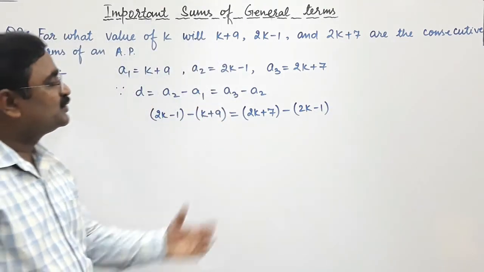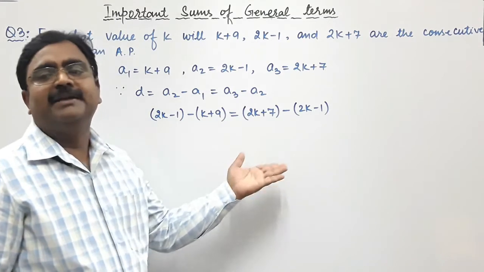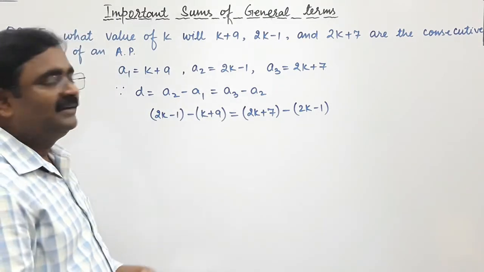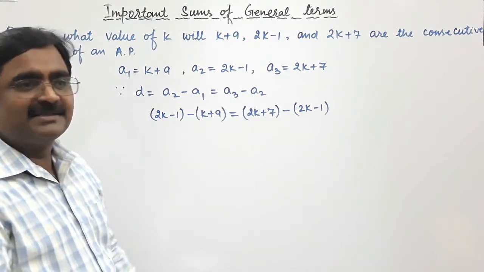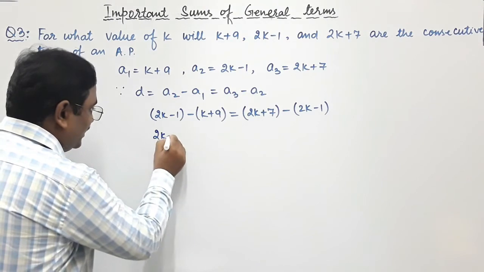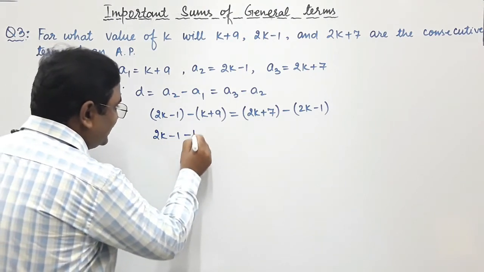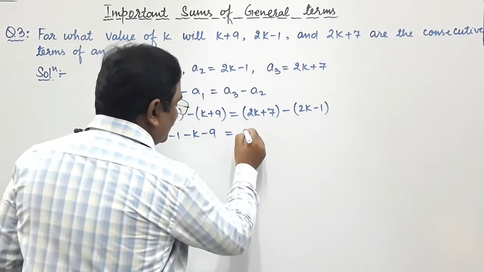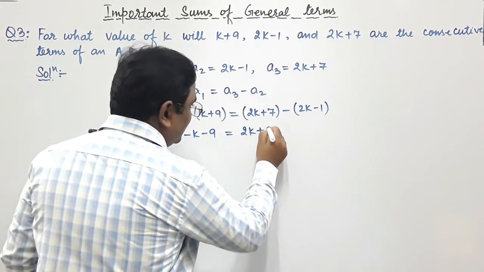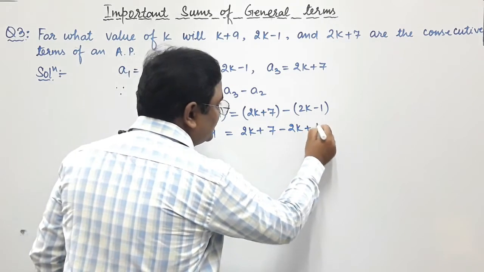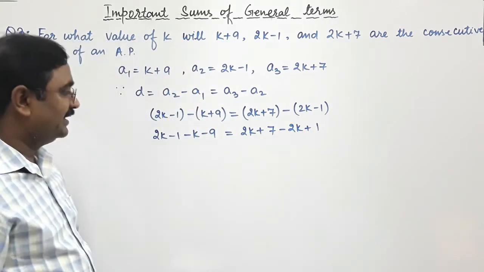Okay. अब इसको सिंप्लीफाई करेंगे, easily you can get an equation in the variable k, and we will get the value of k easily. Let us simplify it. Open the bracket. 2k minus 1 minus k minus 9 will be equal to 2k plus 7 minus 2k plus 1. Let us simplify it.